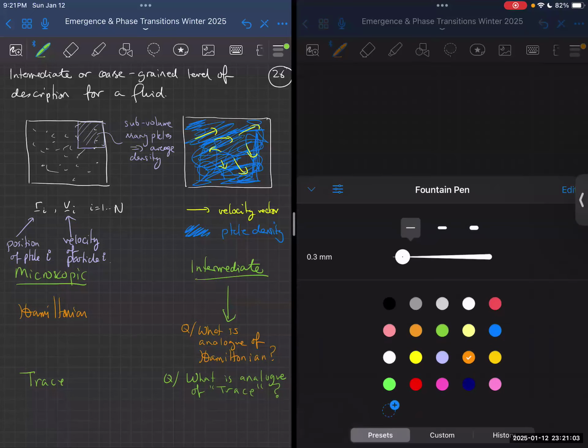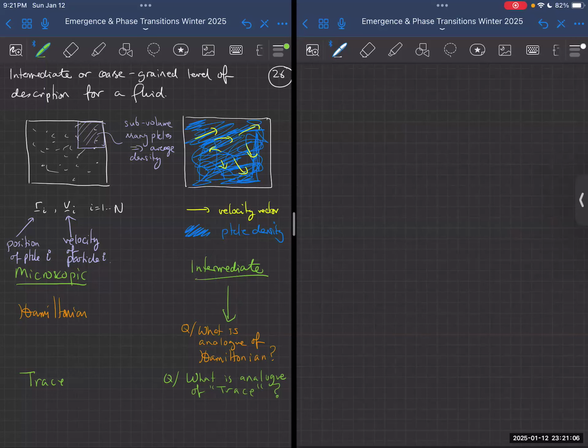Okay, so now let's go on and ask ourselves, what do we mean by a phase transition? Our answer is that we compute the partition function, and from the partition function we get the free energy, and from the free energy we can get all the thermodynamics.